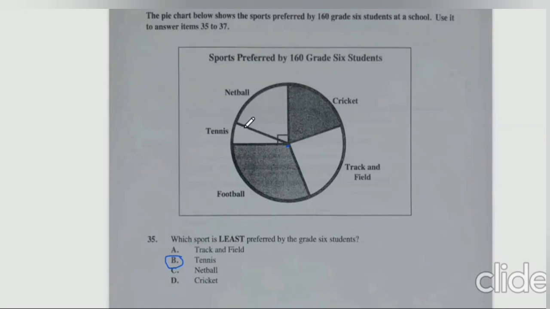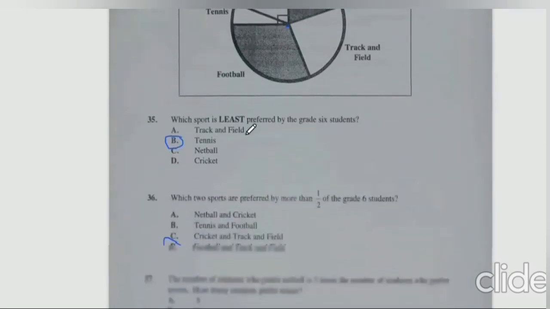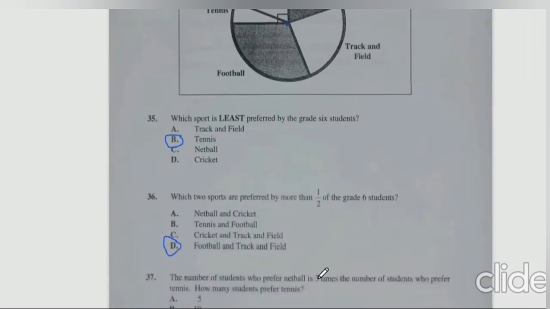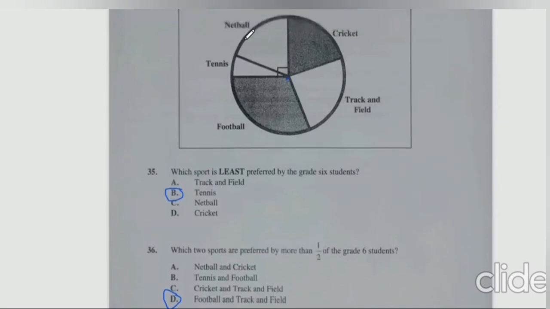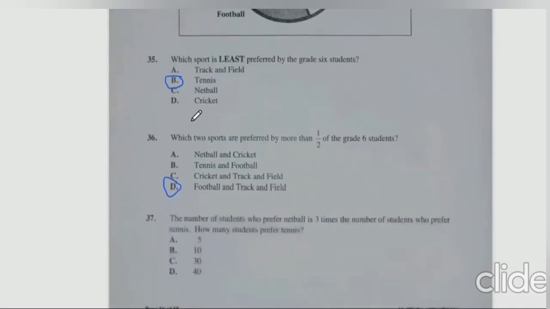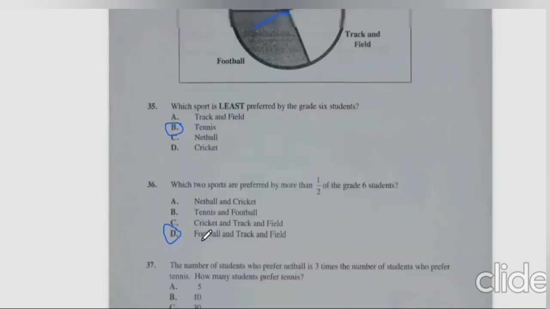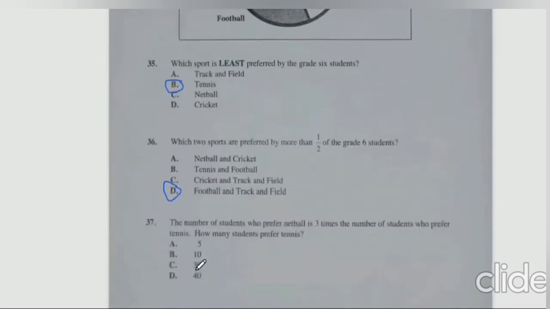And the netball is 3 times more than tennis. So if this is supposed to be 40, tennis would be 10, 20, 30, 40. So tennis would be 10 students. It cannot be 5, and it cannot be 30, because 30 would be more than half of it, and it cannot be 40, as that would be all of them. So our correct answer here would be 10.